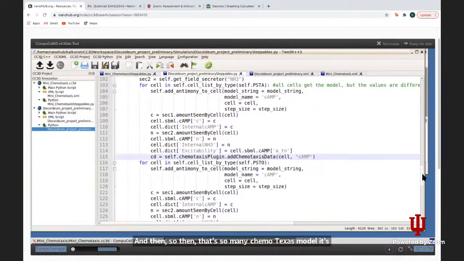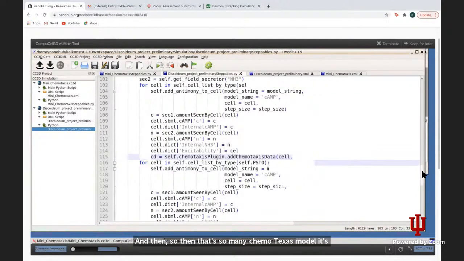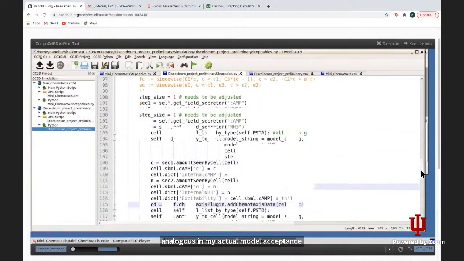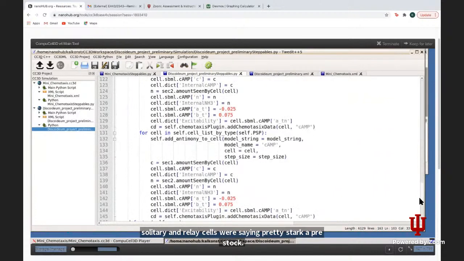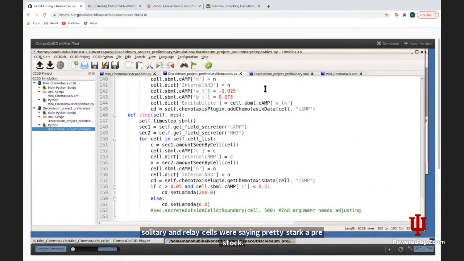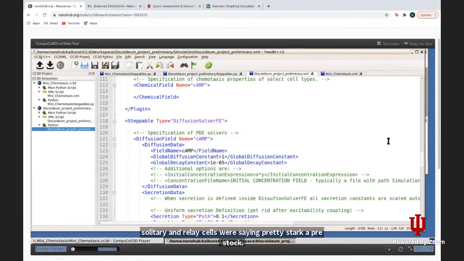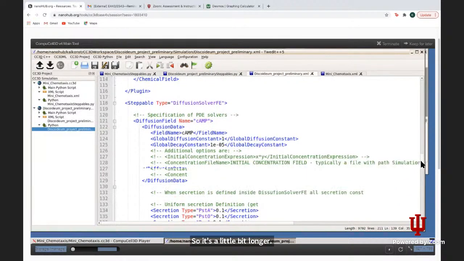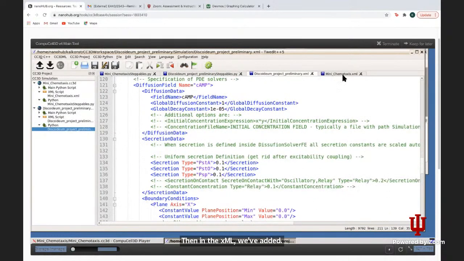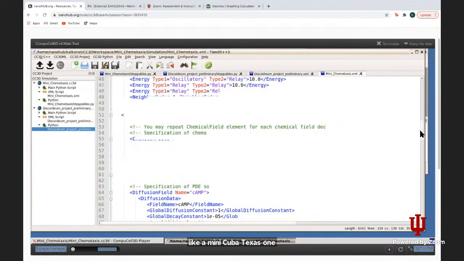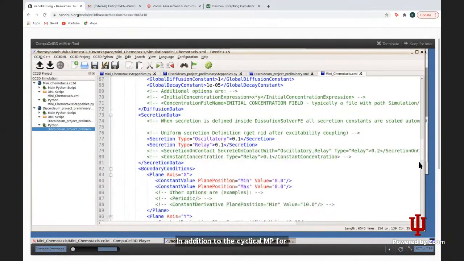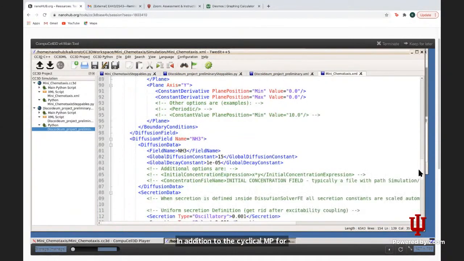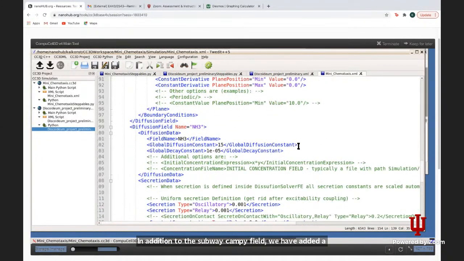It's analogous in my actual model, except instead of saying oscillatory and relay cells, we're saying pre-stalk A, pre-stalk O, and pre-spore. So it's a little bit longer. And then in the XML, let me go to the mini chemotaxis one. In addition to the cyclic AMP field, we have added ammonia, and the ammonia in this model is done globally, not by cell type.